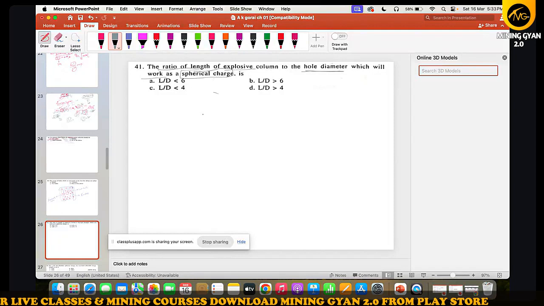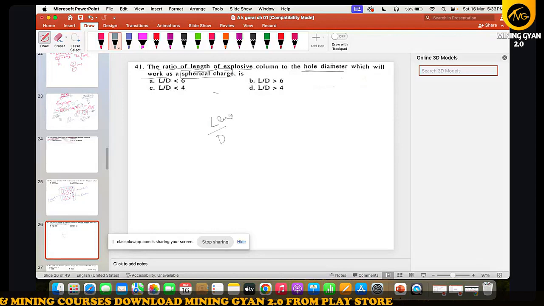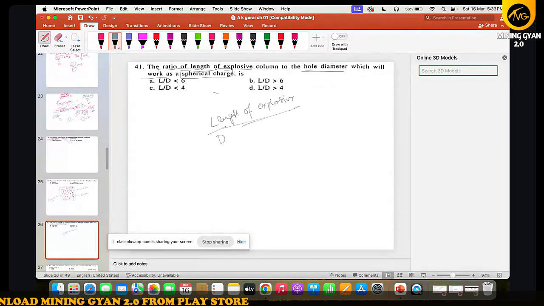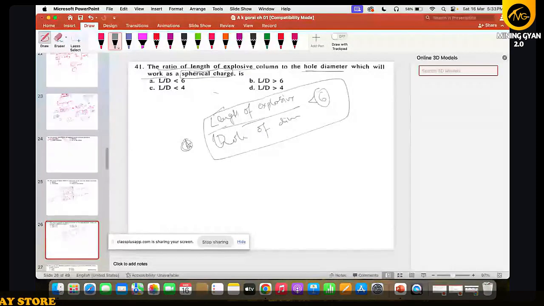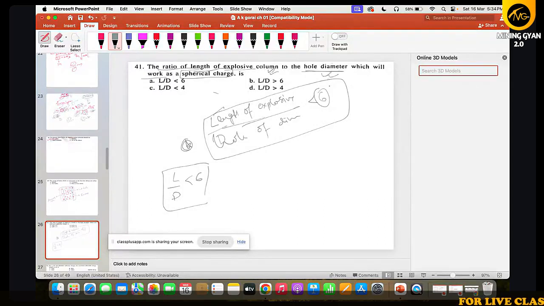For the spherical charges, the length of the explosive, L by D, means length of explosive by hole diameter, should be less than 6. You should know this formula. So L by D should be less than 6. The ratio of the length of the explosive column to the hole diameter should be less than 6.